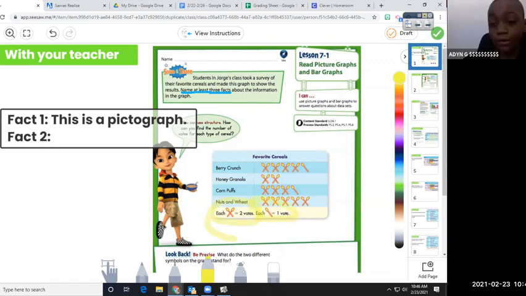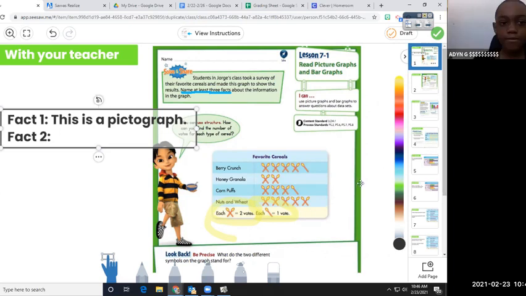So since it shows 2 spoons, that means it equals 2.